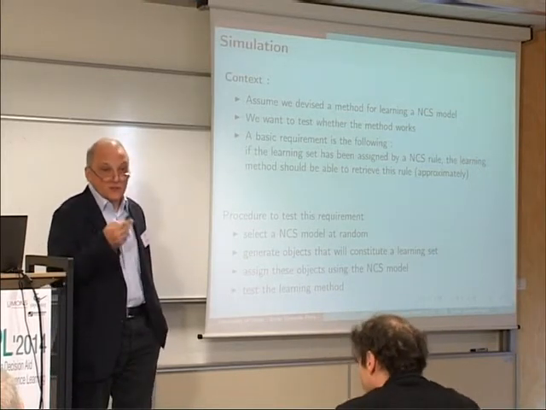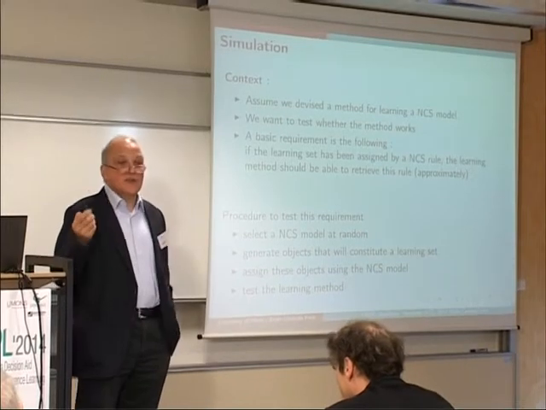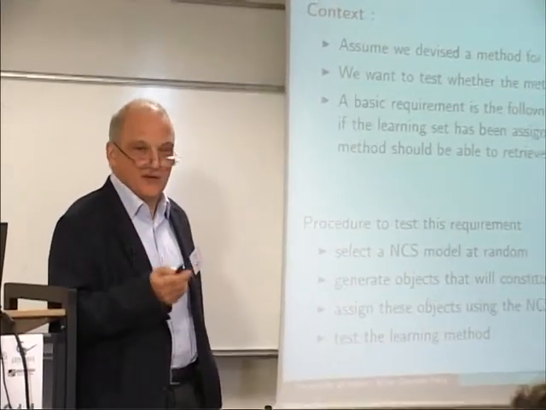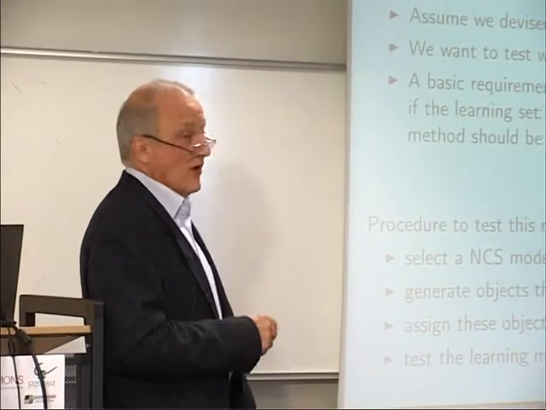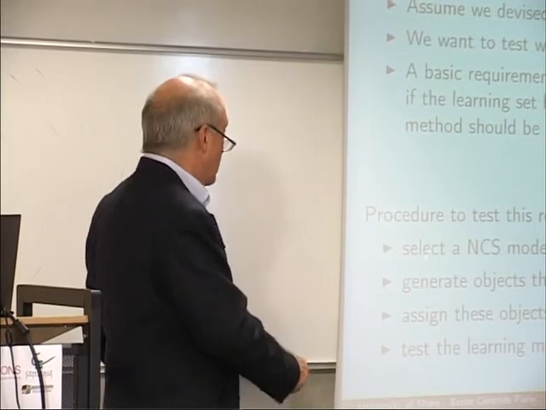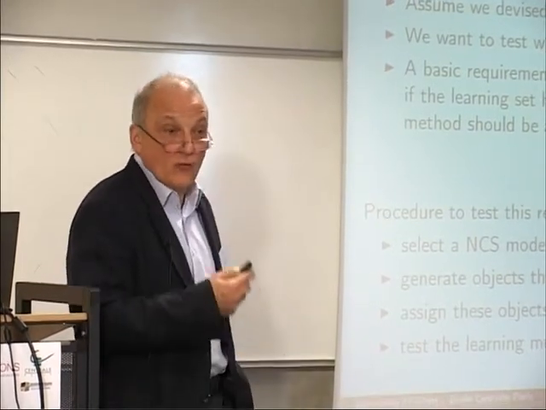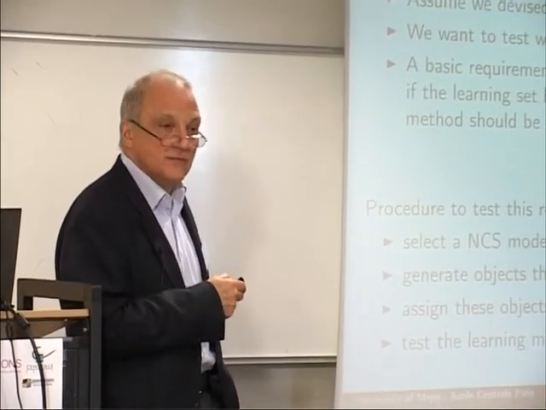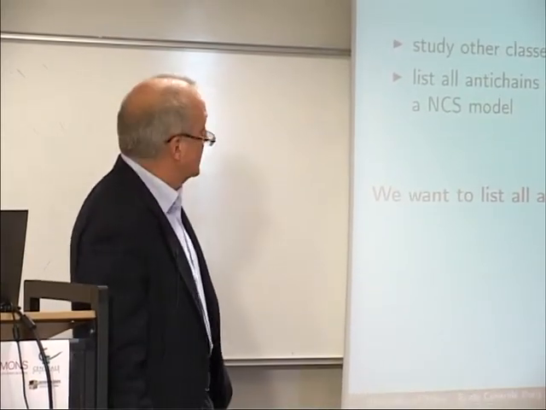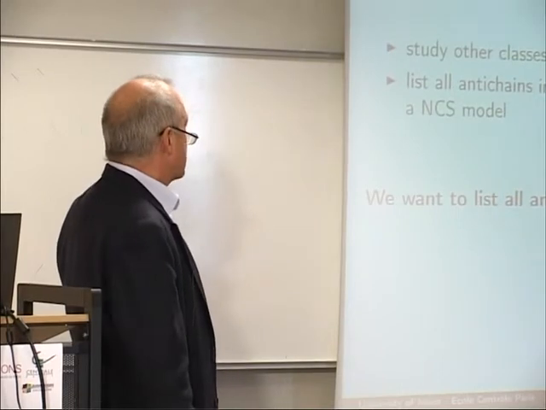One way, for instance, would be to generate a capacity at random, but it is not clear what this means. So one other way is to be more intrinsic and select one rule, one anti-chain, at random. For that, one way of doing it is to list all of them.